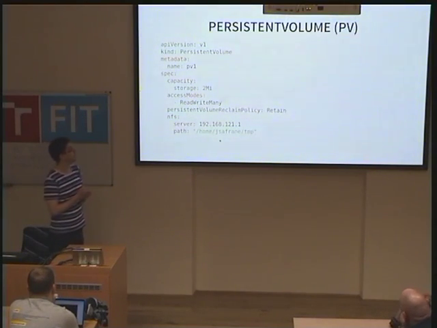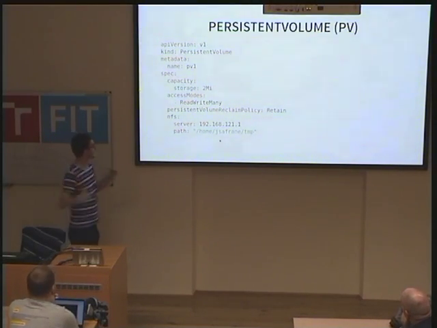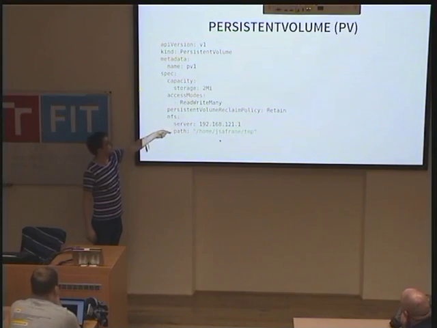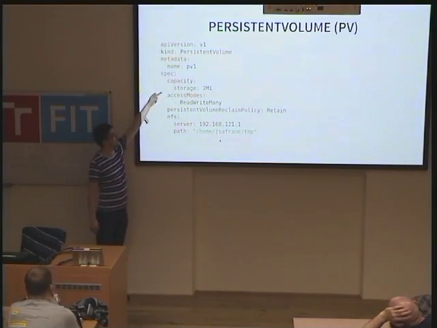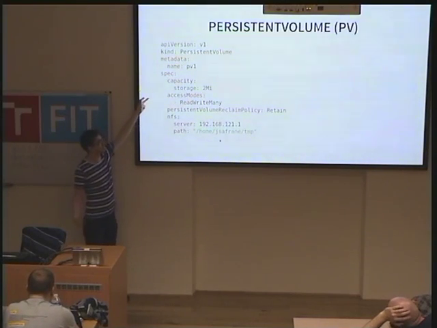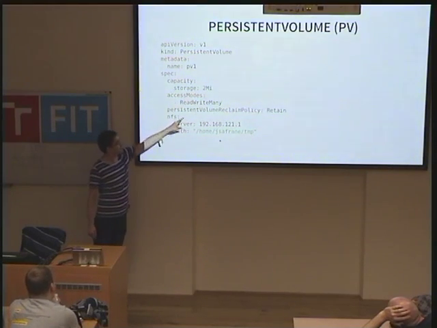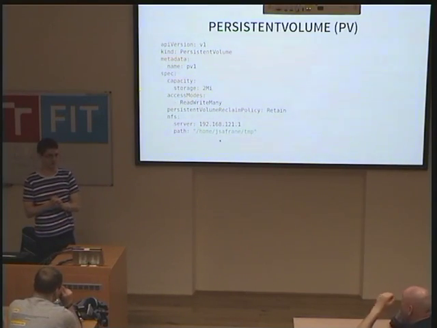And here is how it looks. Persistent volume is a pointer to the remote data. Again, there is the pointer, the NFS IP address, and the share name. It has also some metadata, for example, capacity, which says how much storage it can hold, and how it can be accessed. For example, this read-write many means that this volume can be mounted to several pods.